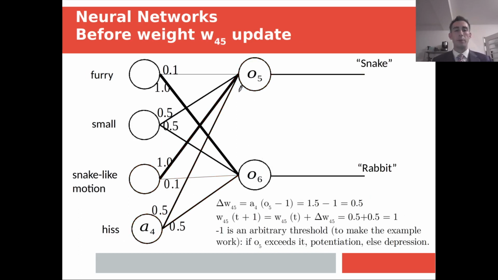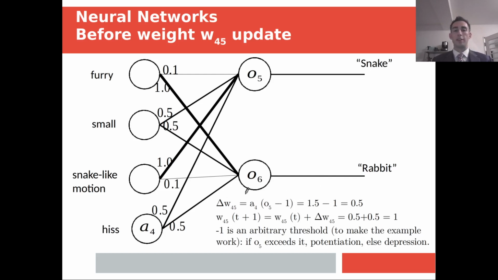So I'll go over this example. Let's say we have this activation for hiss over here. The change in weight of neuron 4 to snake, output neuron number 5, is going to be the activation of A4 times activation of output 5 minus 1. This is what's called a bias term, just some arbitrary term, in this case to make this example work. If you go into more actual learning rules like back propagation, you'll see that there are reasons for these numbers.